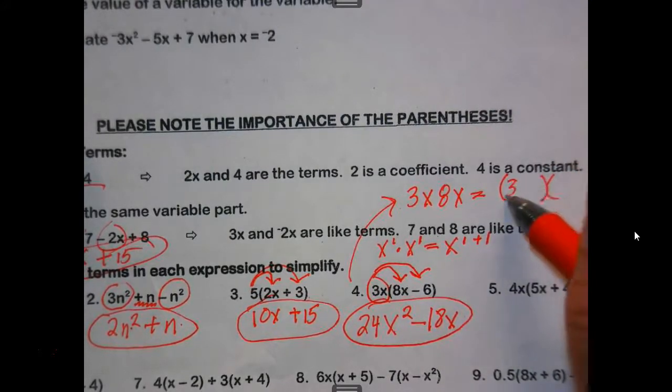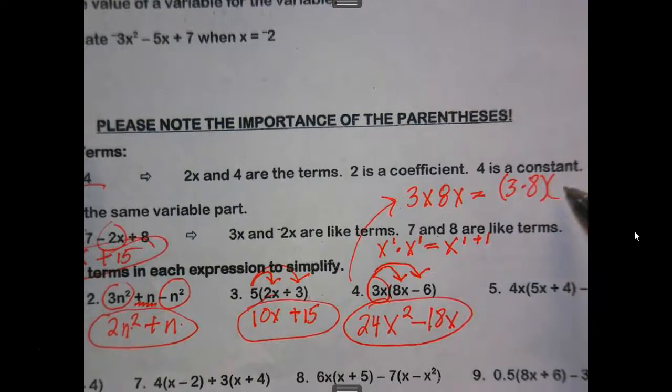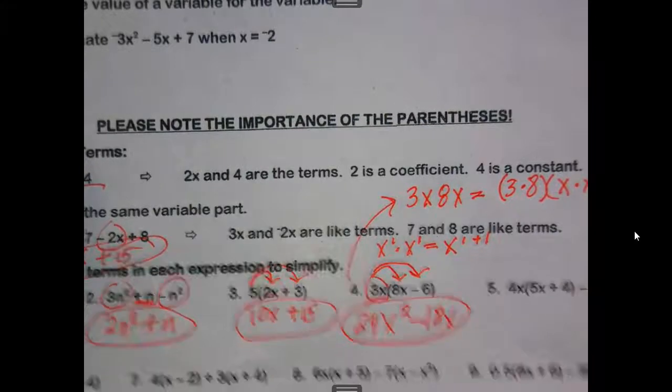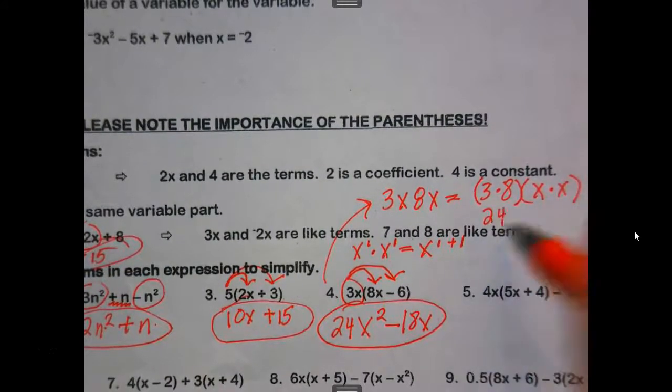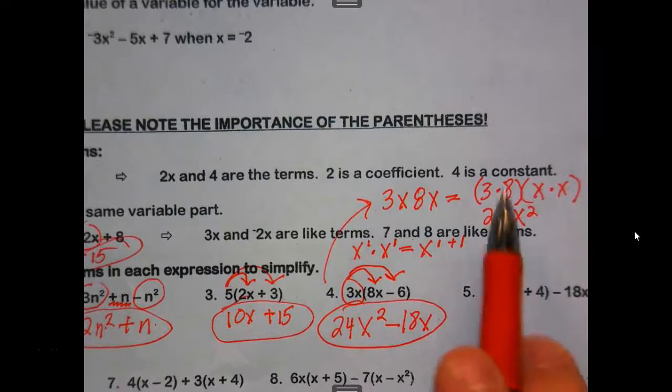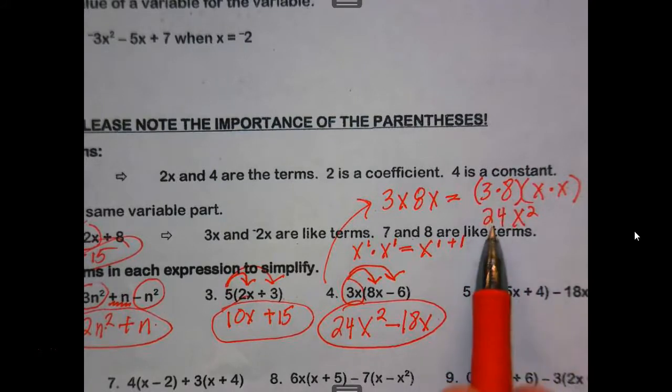So I have 3 times 8, and then x times x. With me? That's how I got my 24x squared. Because there's 2 x's, and there's actually 2 numbers, but I multiply them together. That help you out?